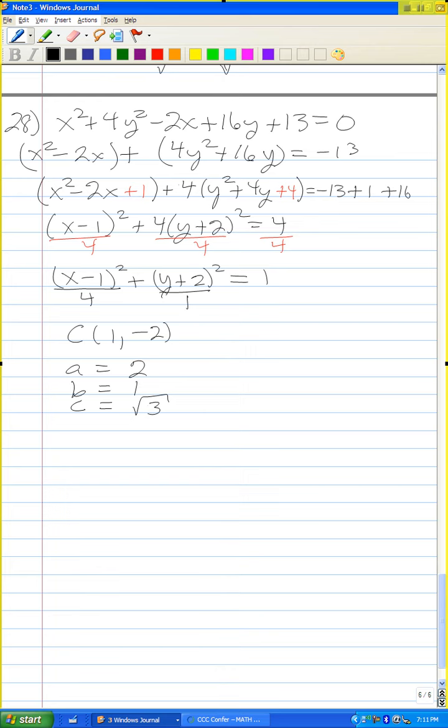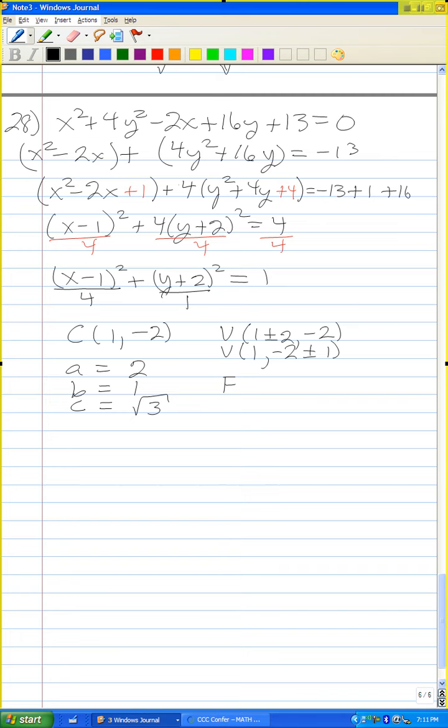And so let's figure out the vertices. And so the vertices are located at 1 plus or minus a, -2. 1 comma -2 plus or minus a, 1.